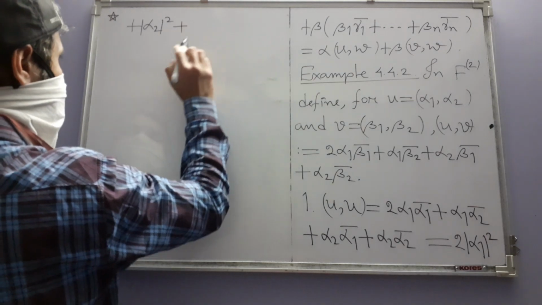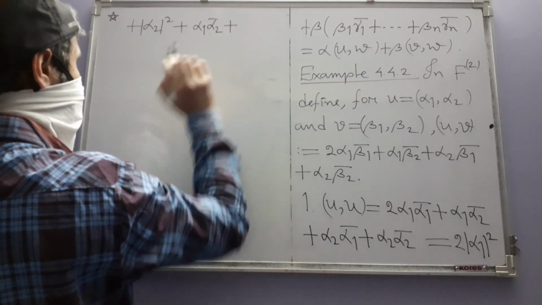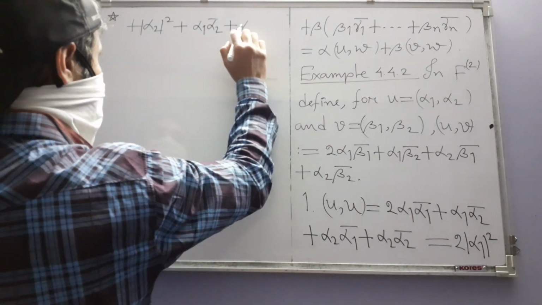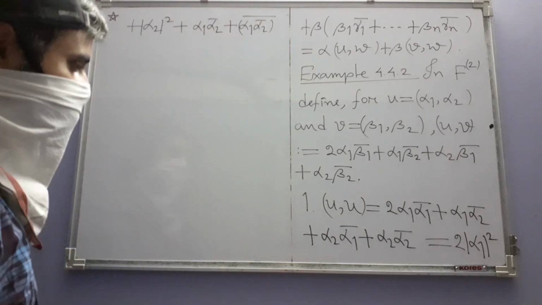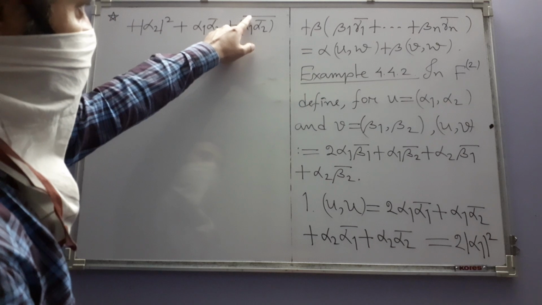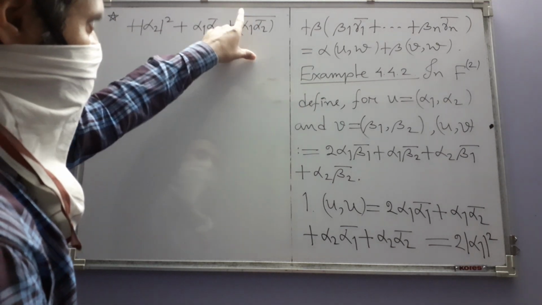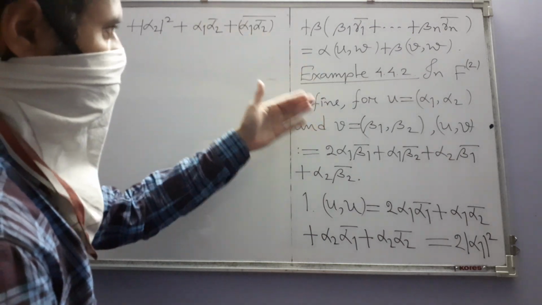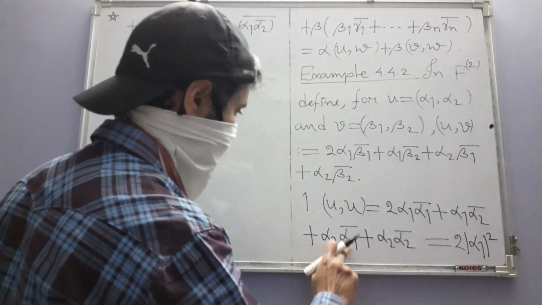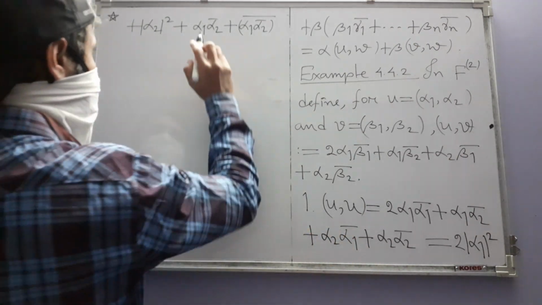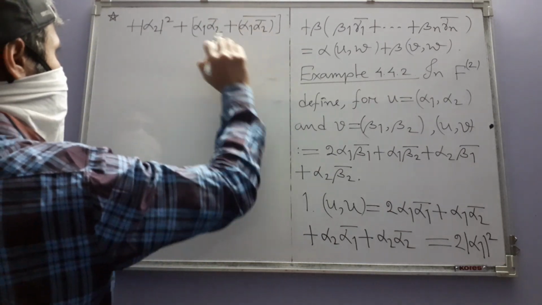If you look carefully, this is alpha 1 alpha 2 bar plus the conjugate of alpha 1 alpha 2 bar, because when you distribute this bar over this product, you will get alpha 1 bar and alpha 2 bar, that means alpha 1 bar alpha 2. So that means it's the sum of a complex number and its complex conjugate.